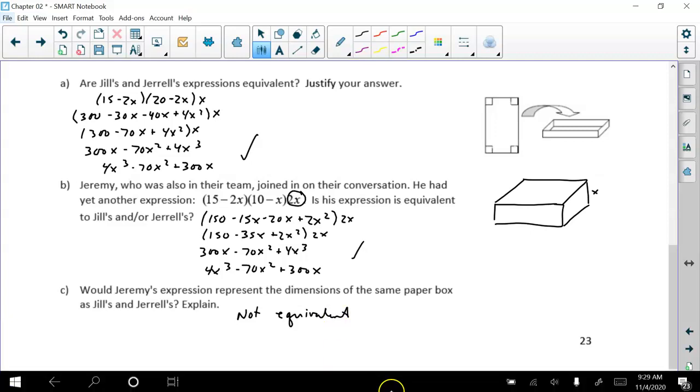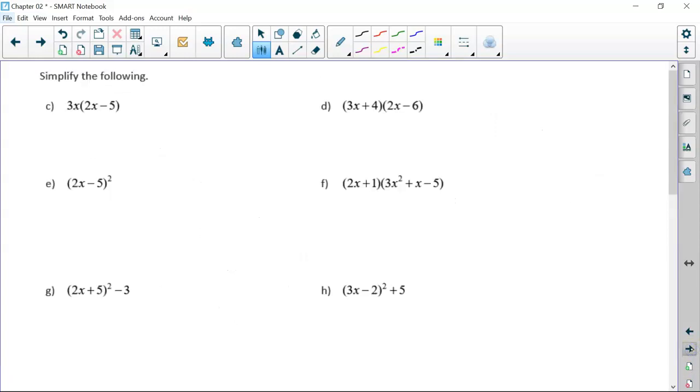Okay, next, we're going to talk about simplifying expressions. For part C, we're going to distribute. So we get 6x squared minus 15x. Multiply the binomials, we get 6x squared minus 18x plus 8x minus 24, which gives us 6x squared minus 10x minus 24.